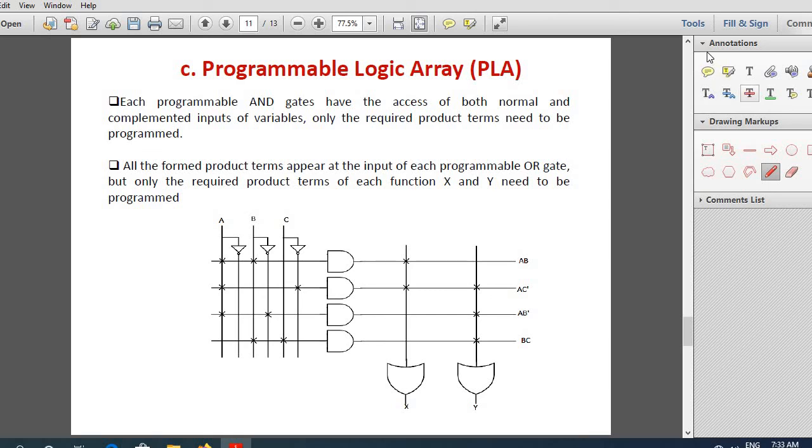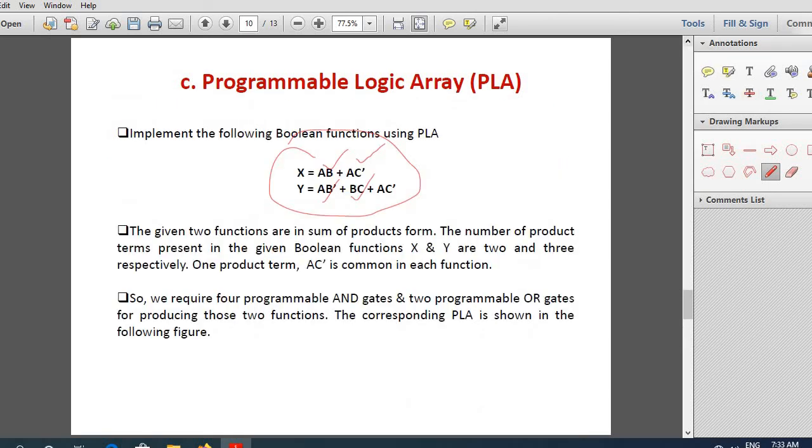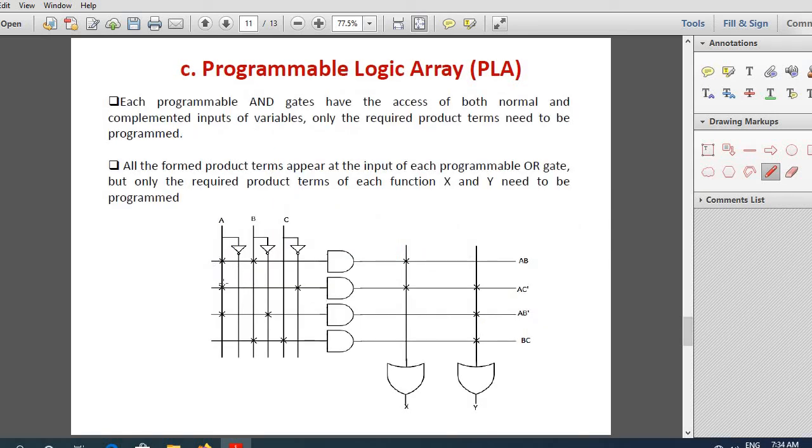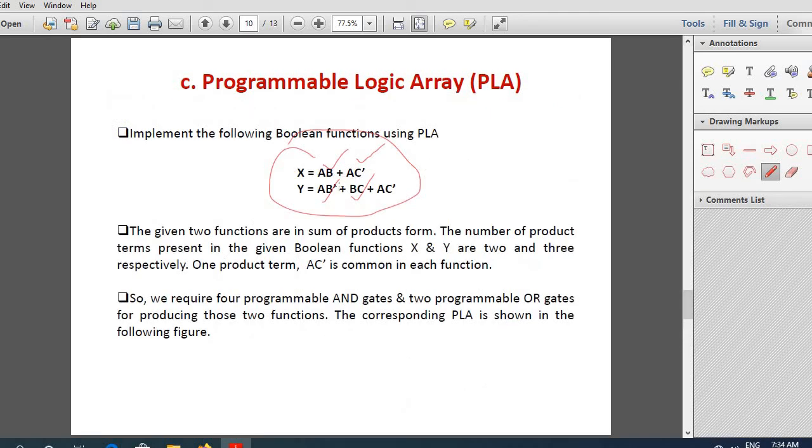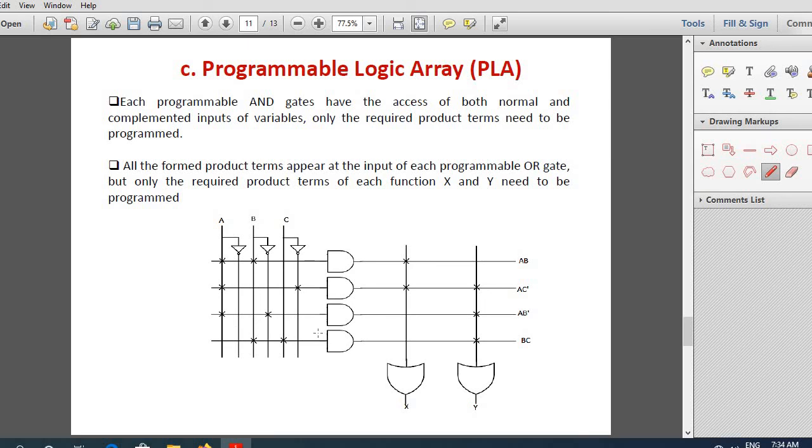So for example, you need to produce here AB plus AC complement again. So AB, AC complement. Now what are the other product terms? AB complement, BC. Now you have produced all the product terms. So whichever you need for X, you can keep the fuse intact and blow off the others.